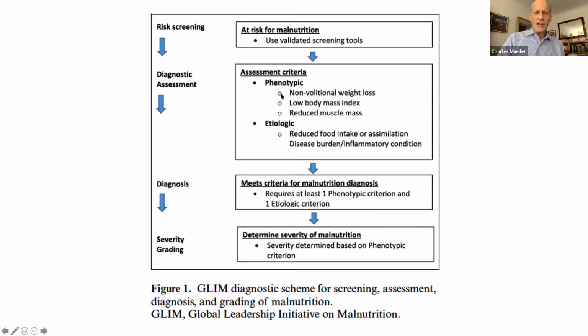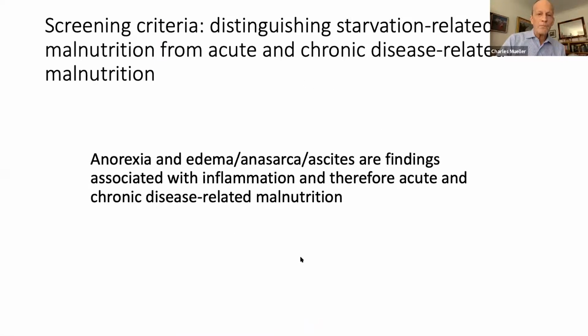And then checking these off: phenotype, do they have weight loss, low body mass, reduced muscle mass; etiology, do they have reduced food intake, do they have an inflammatory condition? And they just have to meet one of each category for a malnutrition diagnosis, and then you can determine its severity. So it's a more refined model than the previous one.